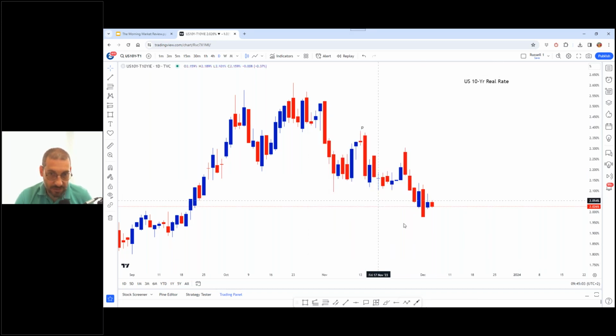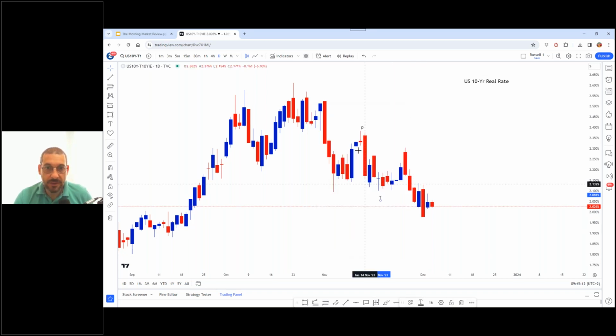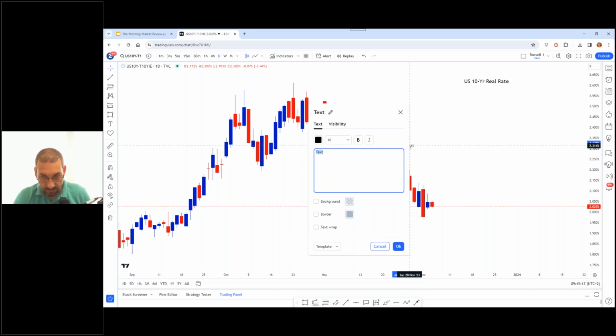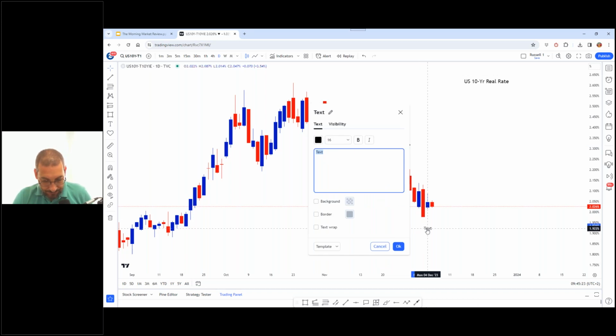Here's the trough. Let's make it a capital T. Here's your lower peak. And here's your lower trough.